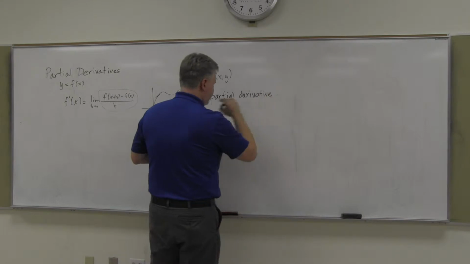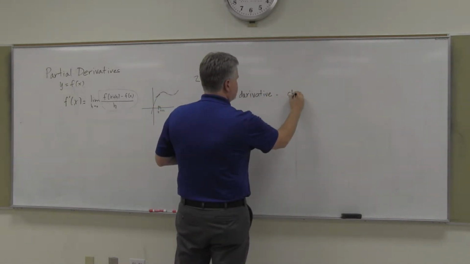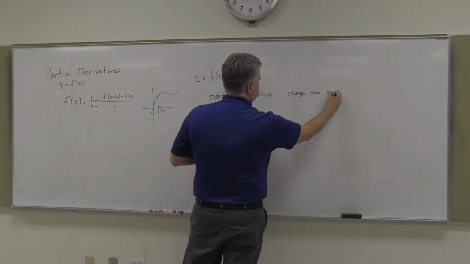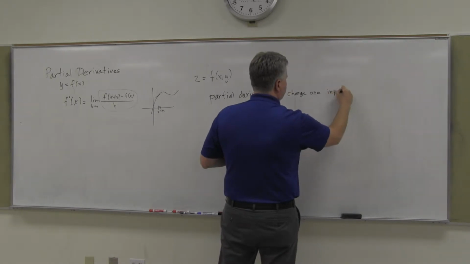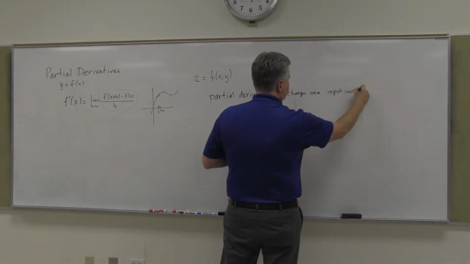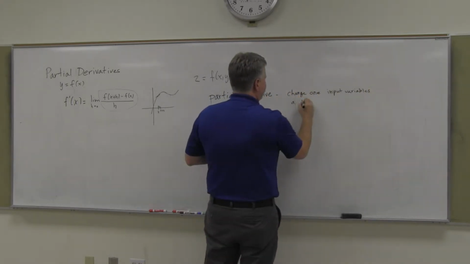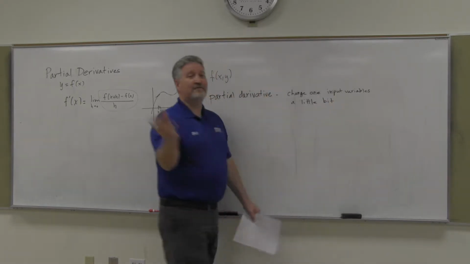So a partial derivative is just when we change one of the input variables a little bit. And one of the key things is we're going to hold the other one fixed.